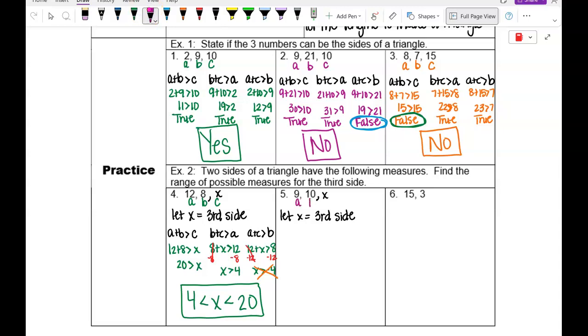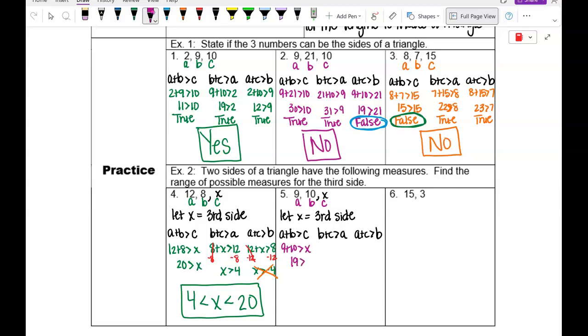So I have my A, my B, and my C. Same three inequalities. And now I'm going to substitute in. So 9 plus 10 has to be greater than x.